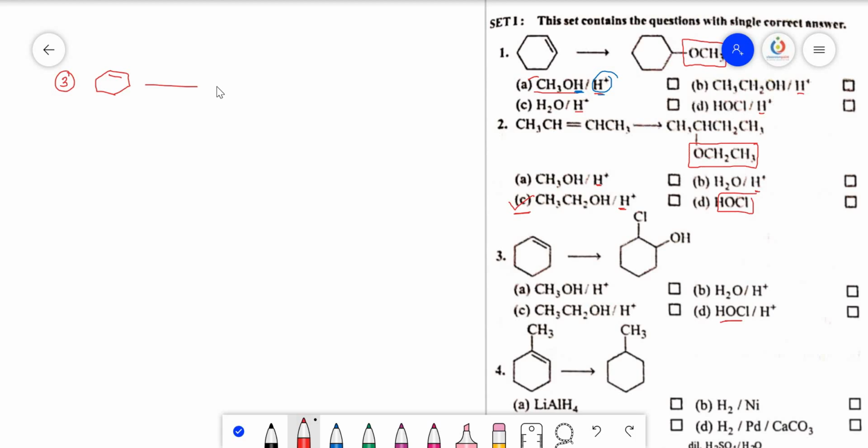Cyclohexene subjected with the H plus ion, as per the concept we think here, but actually H plus ion will not attack. You just see, it is the HOCl molecule which dissociates into OH minus plus Cl plus ion. So this Cl plus ion preferably attacks over this particular alkene molecule, and you may wonder why the Cl plus ion is preferably attacking and not the H plus ion.